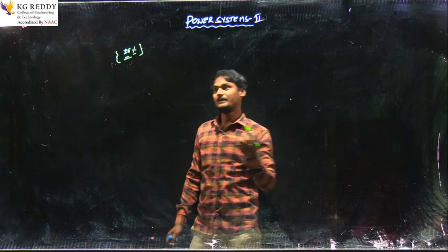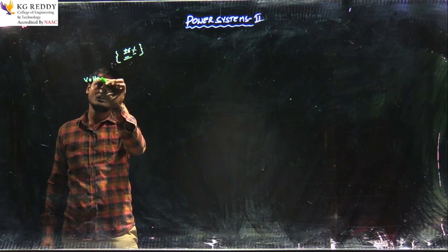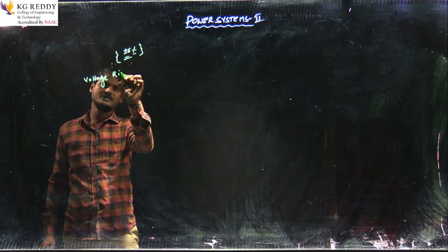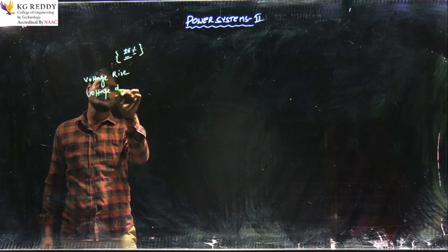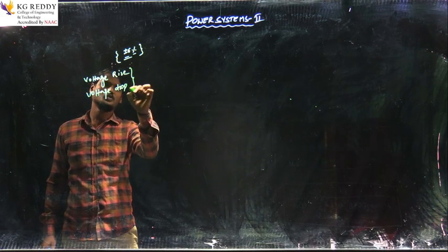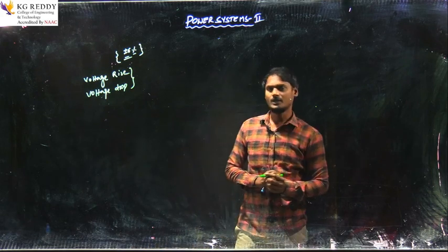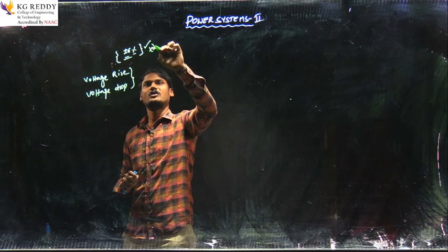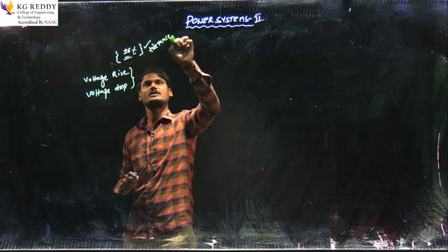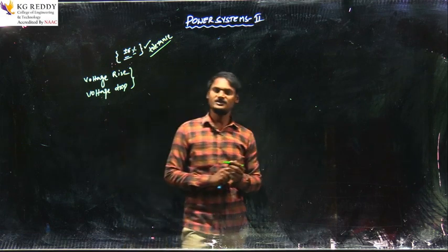That may be a voltage rise, or that may be a voltage drop. These two will be limits up to plus or minus 6%. This is considered as a tolerance. In our power system, the voltage fluctuation limit is considered a tolerance of plus or minus 6%.